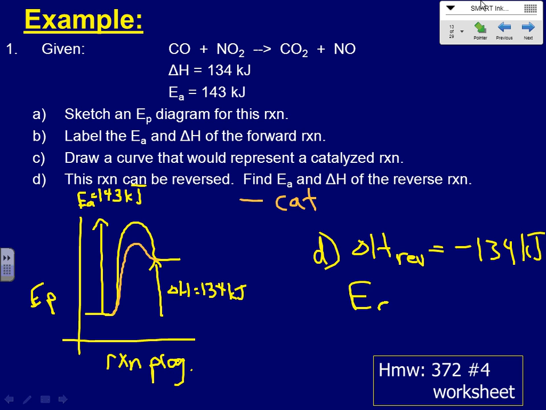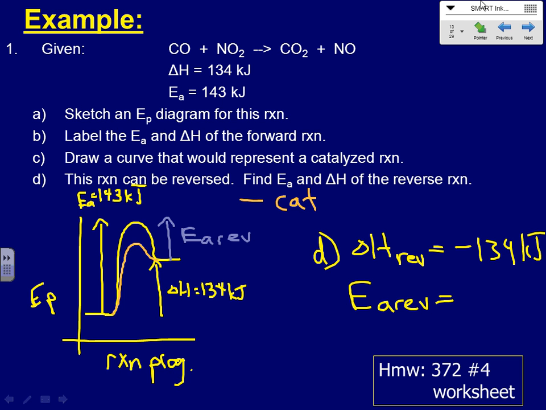Now the EA reverse, we've got to do a little bit of math here, a very little bit of math. I could ask the question, where is the EA for the reverse? But it's easier for me to just point it out. Starting here, the EA for reverse is that little piece right there. So if you draw it up, you should be able to mathematically look at our numbers, look at the relationships.